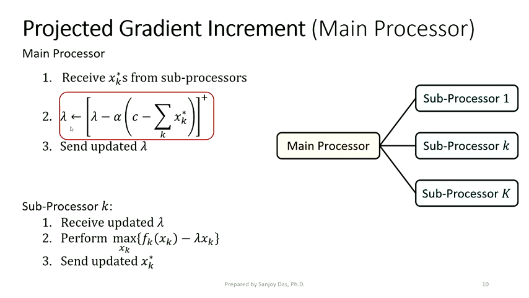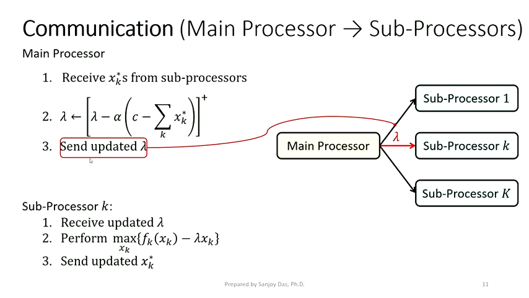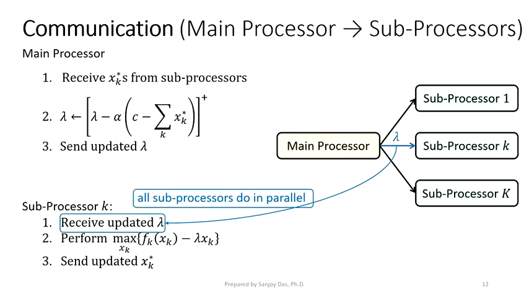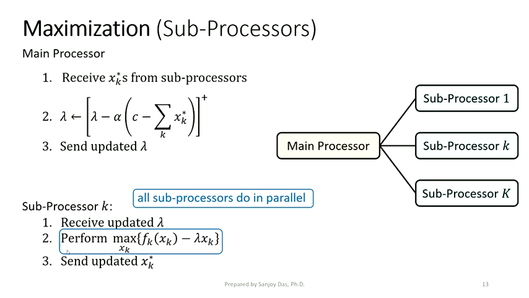Okay, so the updated lambda is then sent back to the subprocessors. Observe the direction of these arrows have now changed. Okay, and then all the subprocessors receive the updated lambda in parallel, and then they independently do this maximization.